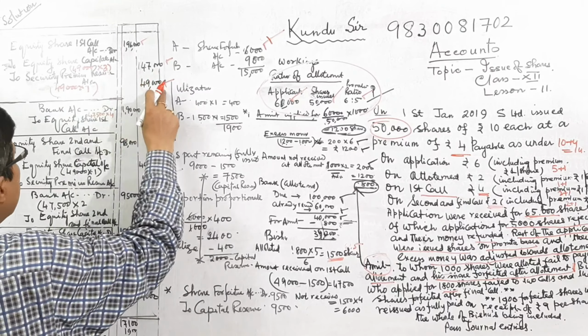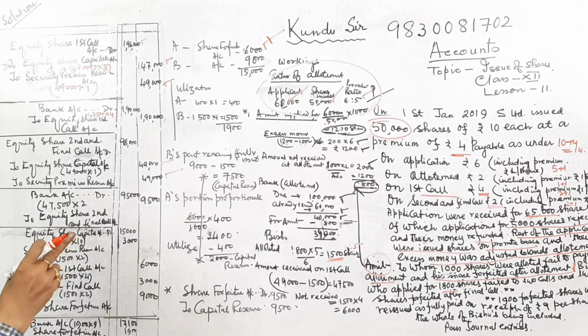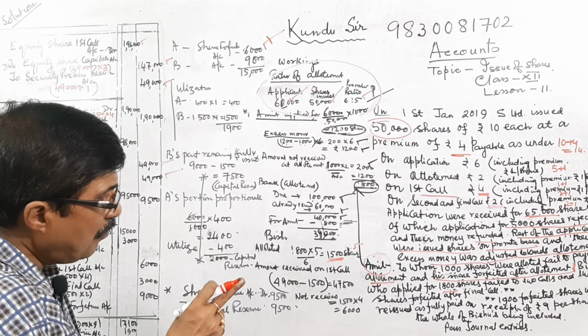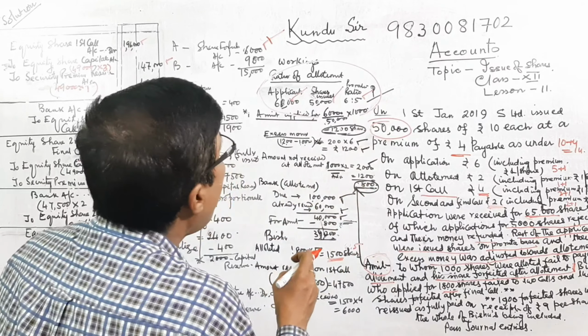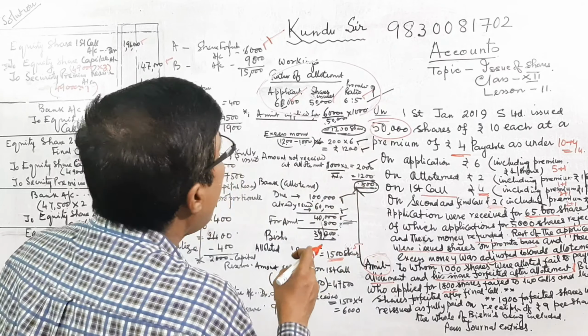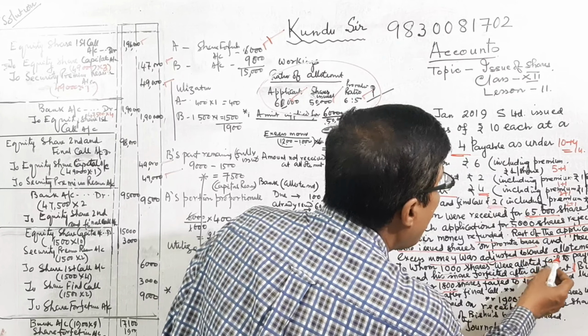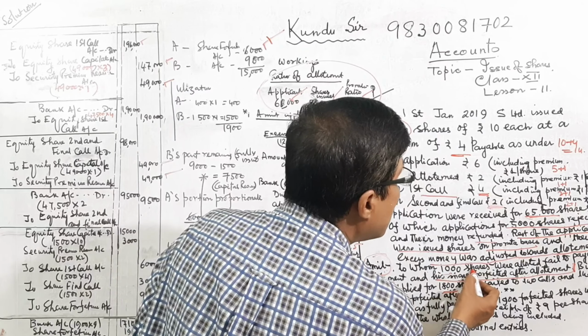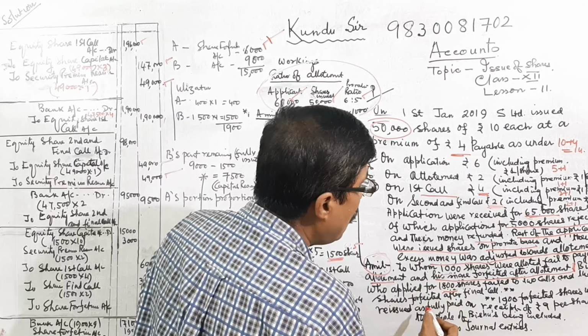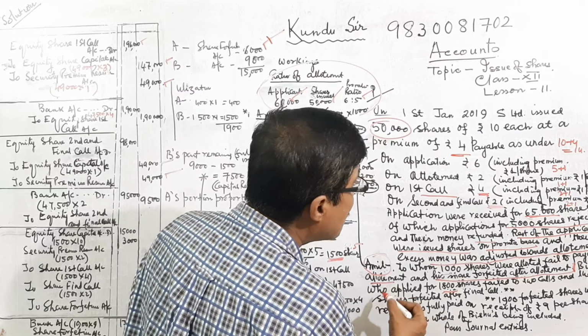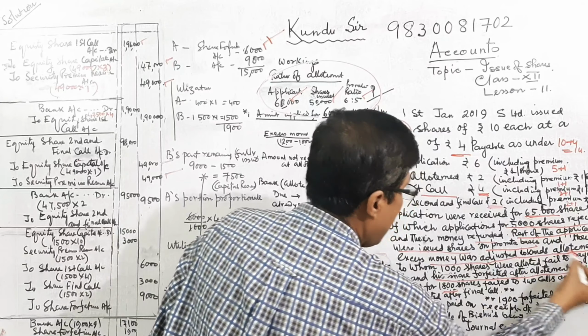Then we are making the due, but we are getting on 47,500 shares, because... Amit applied for how much? Sorry, we are making a mistake. We are now concerned about Vishnu, not Amit.